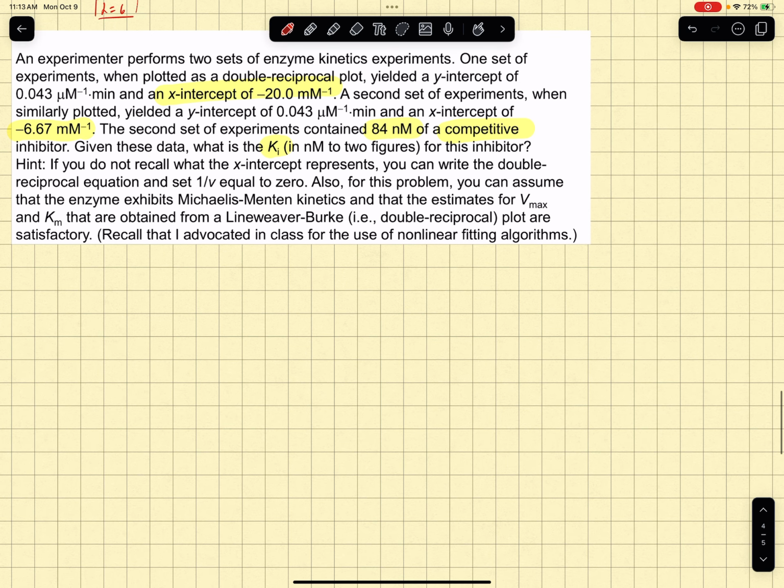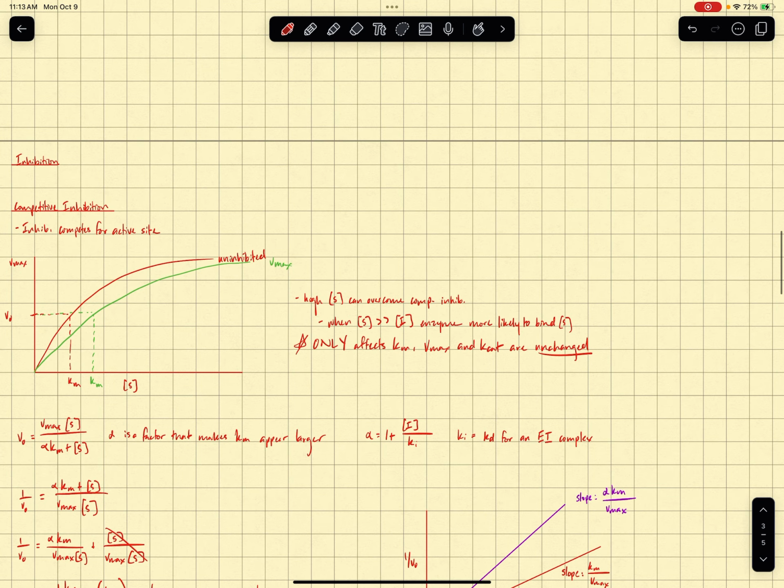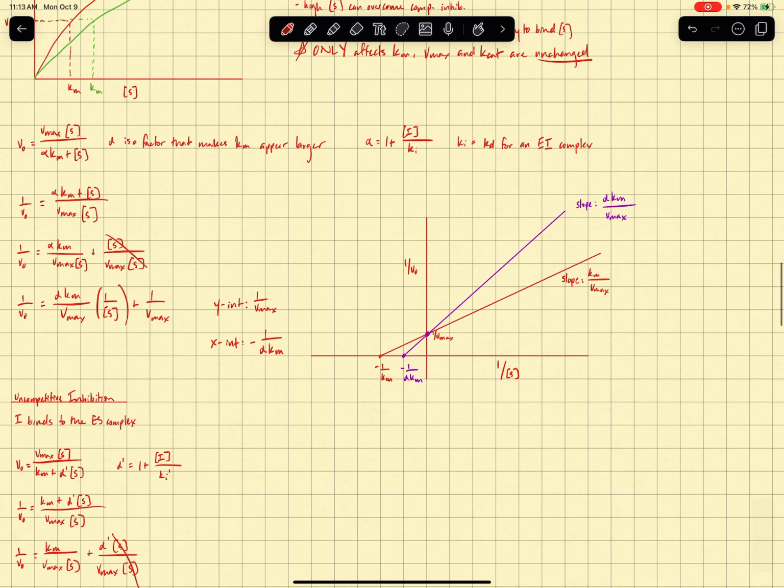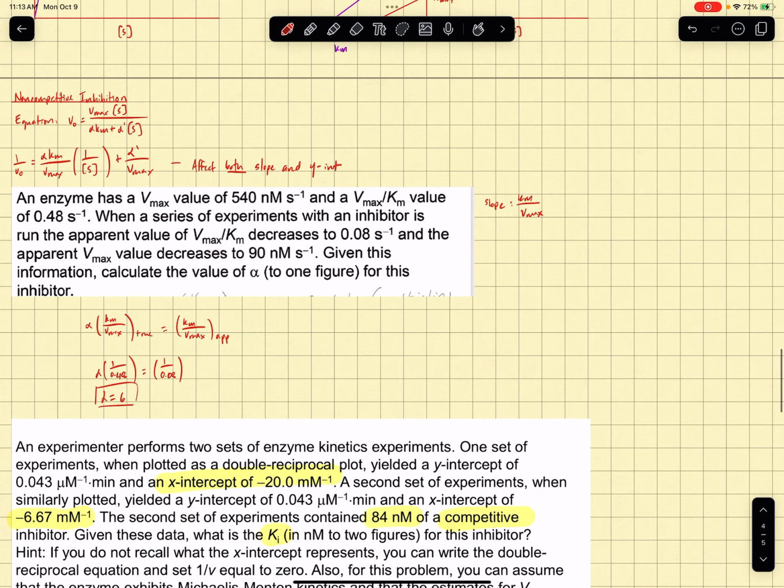The way that we can do this is, if you'll remember from how competitive inhibition works, I showed you that the x-intercept of a competitively inhibited reaction is going to be -1 over alpha times Km. The same logic that we applied to the previous question, we can apply here as well.